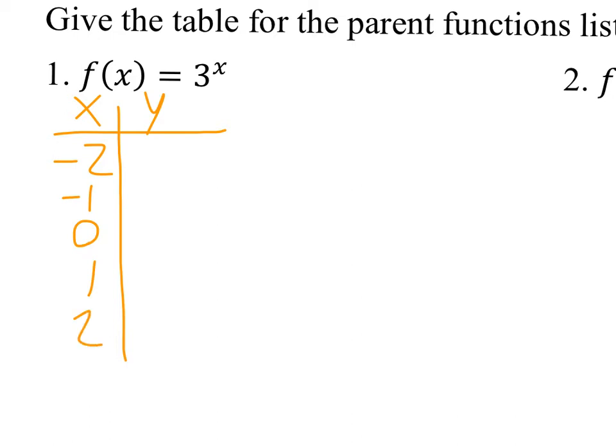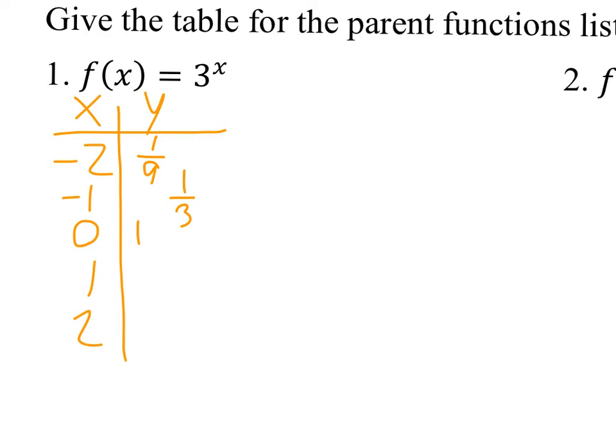So, 3 to the -2. When we have a negative exponent, we take whatever number we have and we flip it basically. So 3 to the -2 would give us 1 over 9. 3 to the -1 would give us 1 over 3. 3 to the 0, any number to the 0 is 1.